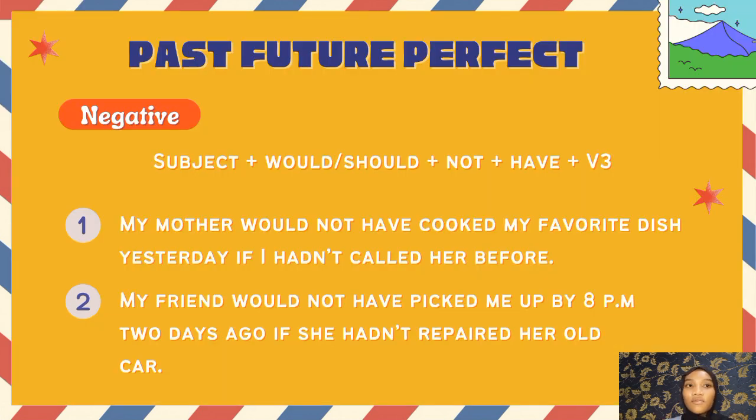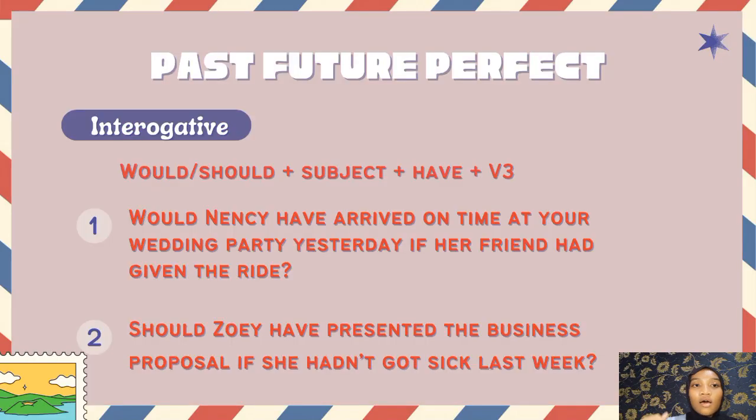For the negative forms, the formula is subject, would or should, not, have, and verb 3. For the interrogative forms, the formula is would or should, subject, have, and verb 3.